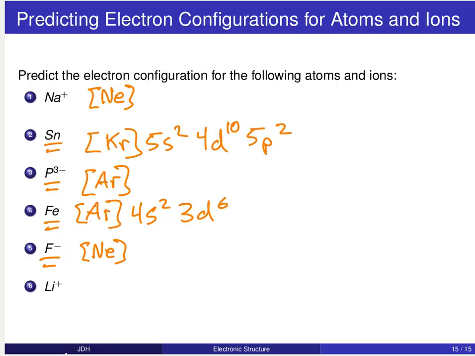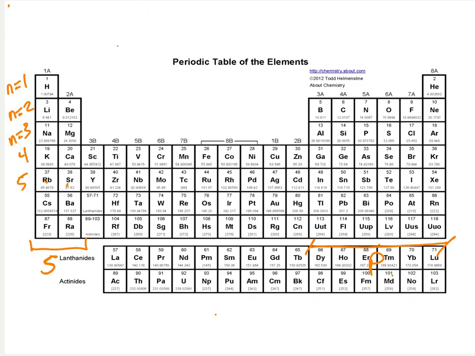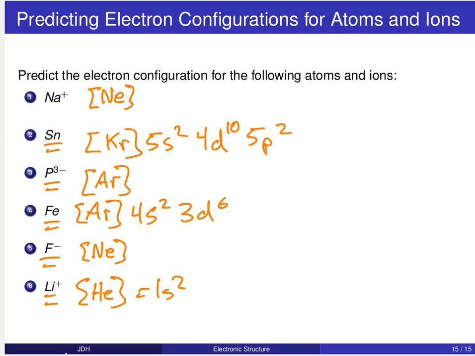Now for our final example, lithium plus, we're going to have our first cation that we've seen. So if we're looking at lithium, it's right down here with 3 electrons. But if it's lithium plus, that means we've got to take away one of these 3 electrons, which is actually going to move us back to helium. So we actually have an electron configuration of helium, of course the 1s2. 1s2 then would be our full electron configuration.